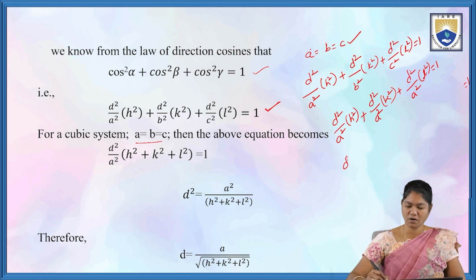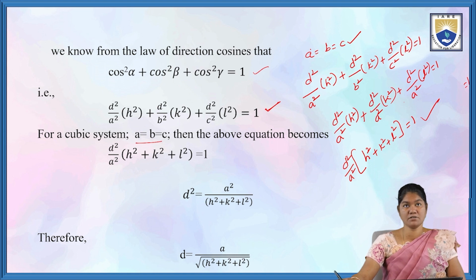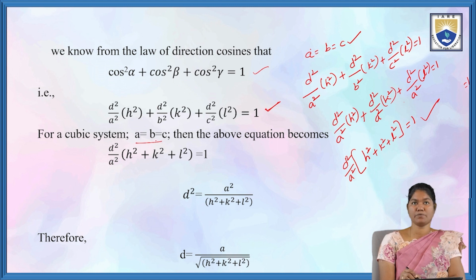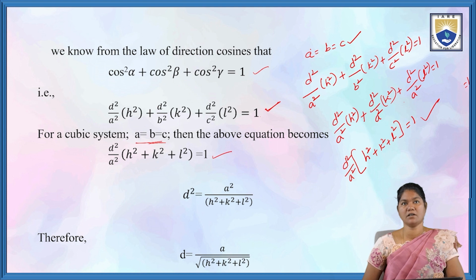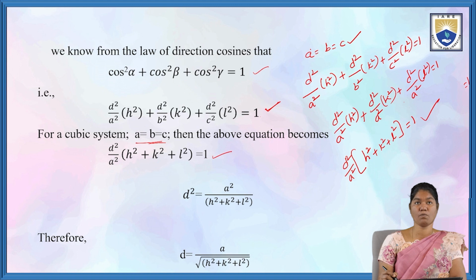So we can take common d square by a square, into h square plus k square plus L square is equal to 1. This is for the cubic system. In a cubic system, all three sides are equal, so a is equal to b is equal to c. Then we can write this equation like d square by a square into h square plus k square plus L square is equal to 1.